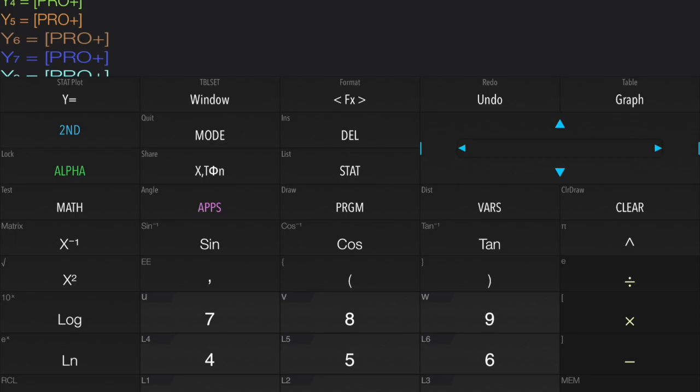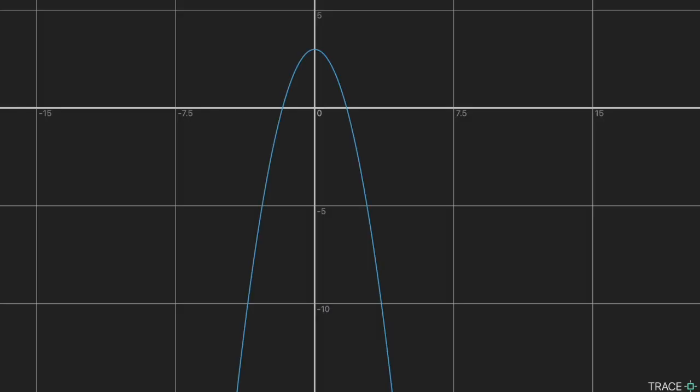I'm looking at number 11, y equals negative x squared, there's a little squared button right there, plus 3. You'll push enter, and then graph.